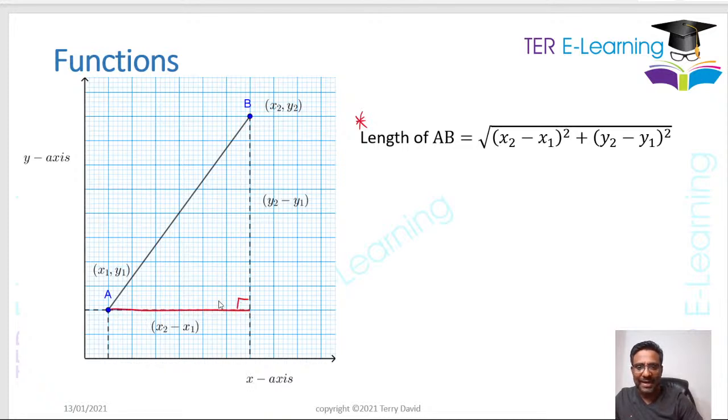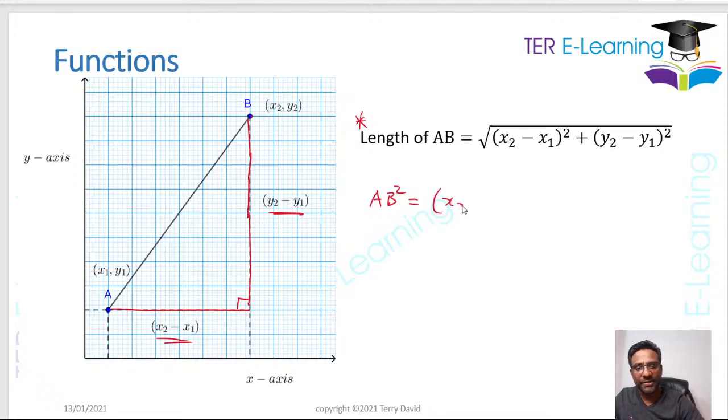That distance is actually x2 minus x1. That's what that distance is. You need to know this distance here, which is y2 minus y1. So if I want to find this using Pythagoras' theorem, the length AB squared, the hypotenuse squared, is equal to the sum of the squares of the other two sides.